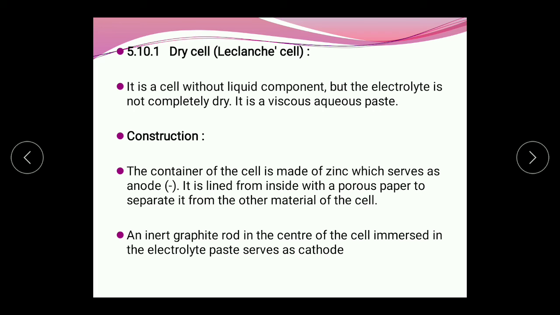An inert graphite rod, that is a carbon rod, is used at the center of that container, which is immersed in the electrolyte paste and serves as the cathode. So, understood about anode and cathode? The anode is the zinc container, the cathode is a carbon or graphite rod, which is at the center.